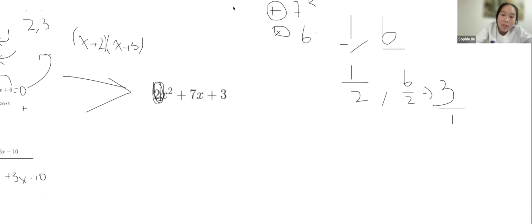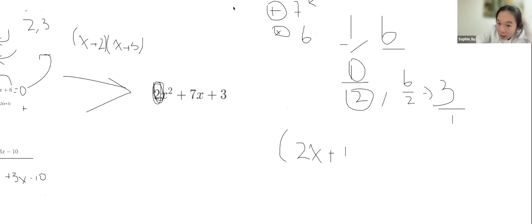Since these are both positive, we can write it as something x plus something, times something x plus something, right? For the first bracket, we take the denominator, that's 2, so it's 2x, and then take the numerator, and that's 1.